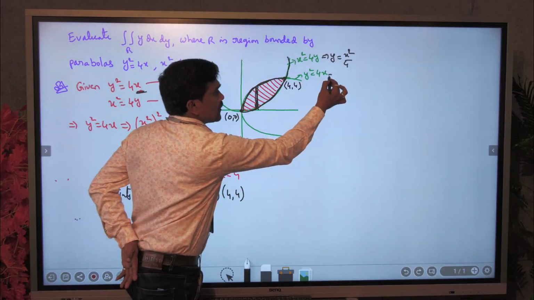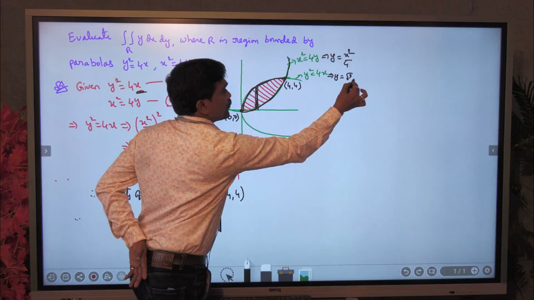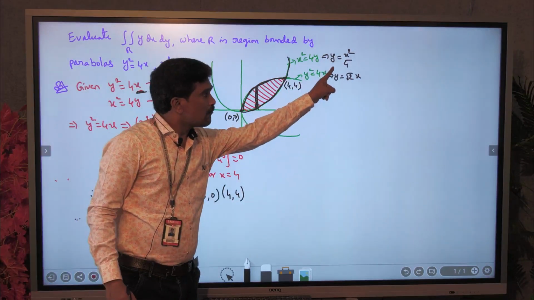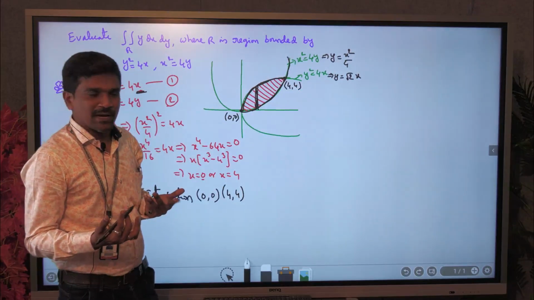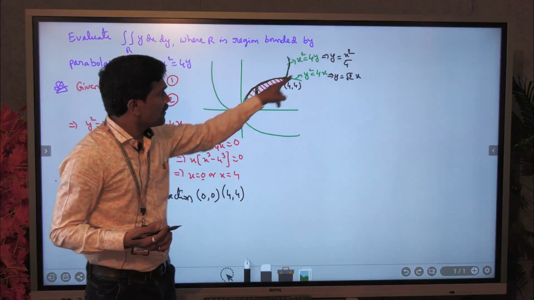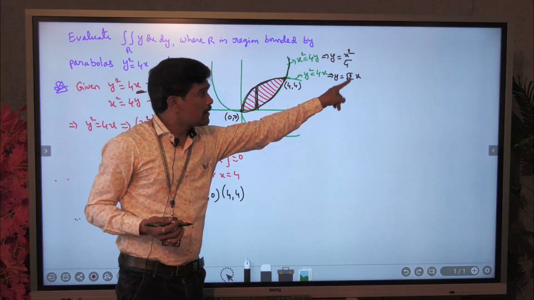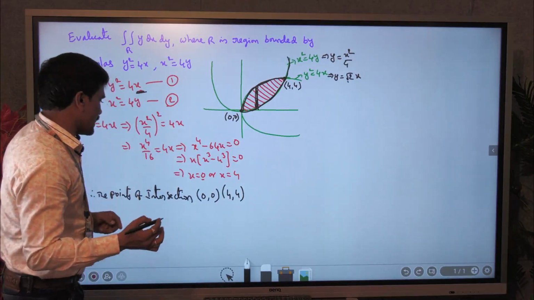From this y is equal to root 4x, that is 2 root x. So the lower limit is y is equal to x square by 4, and the upper limit is y is equal to 2 root x, right?